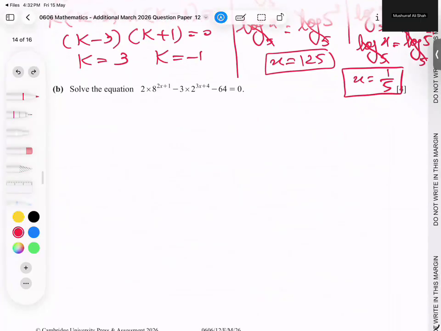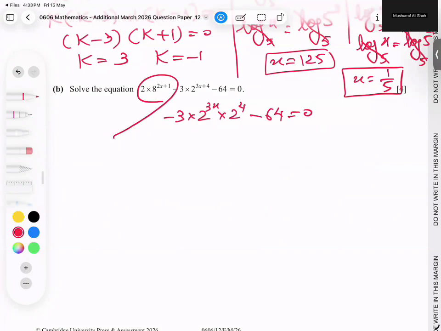Now students, the next part is this. In this kind of question, try your level best to make it the same base, same powers. Like here, 2 to the power 3x. So here I can write 3 into 2 to the power 3x into 2 to the power 4.